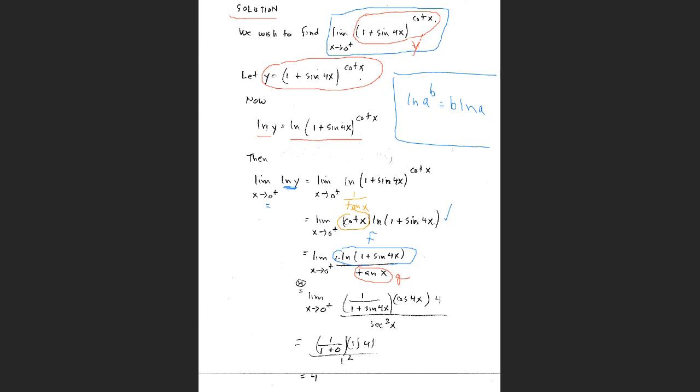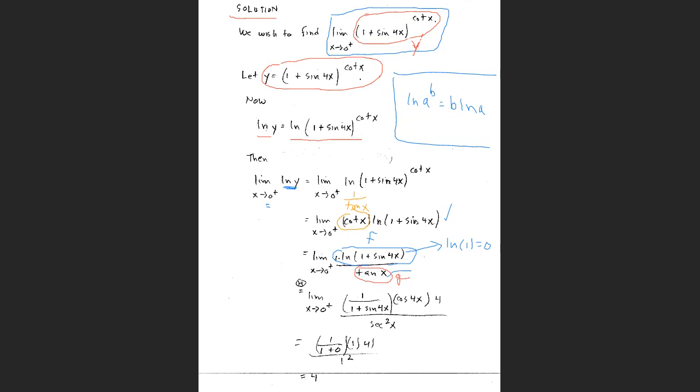The numerator approaches the log of 1, because the sine of 4x as x approaches 0 is going to go to 0. So the numerator will approach the natural log of 1, which is 0.